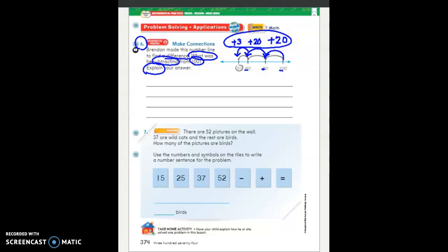So here's where I'm going to explain. I'm going to say that he, Brendan, subtracted 20 plus 20 plus 3. That means he went back.